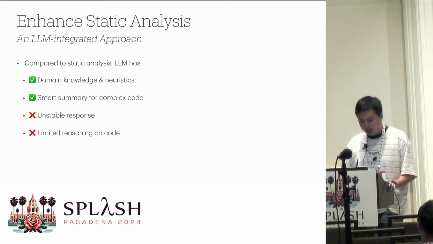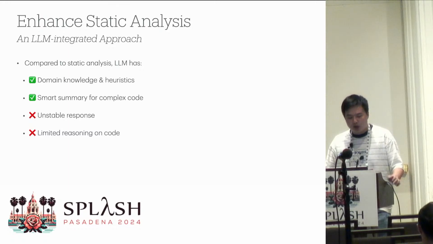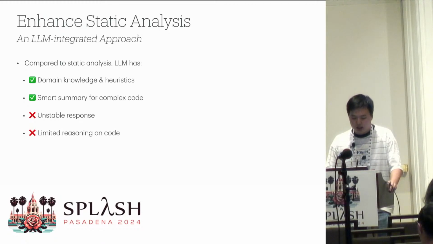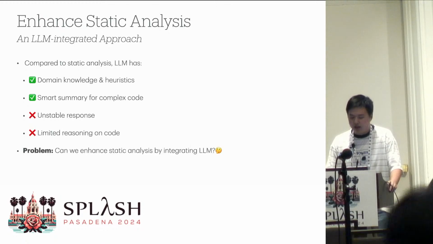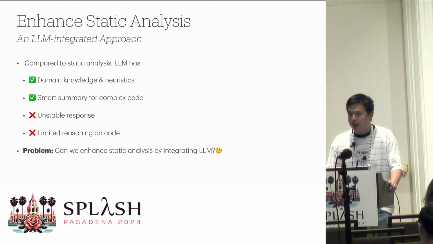However, on the other hand, LLMs are also known for unstable responses, and they typically have limited reasoning ability, especially when you try to reason about code. So the problem here is: how can we really enhance static analysis by integrating a large language model?